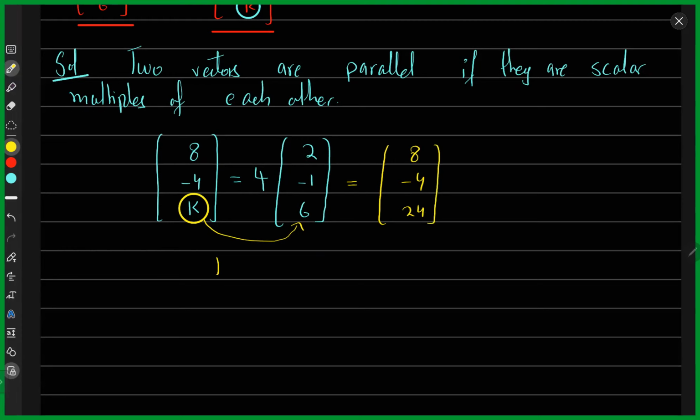So k is equal to 24, and this would mean that the two vectors are parallel to each other. Okay.